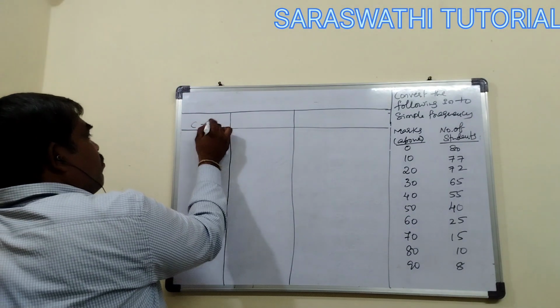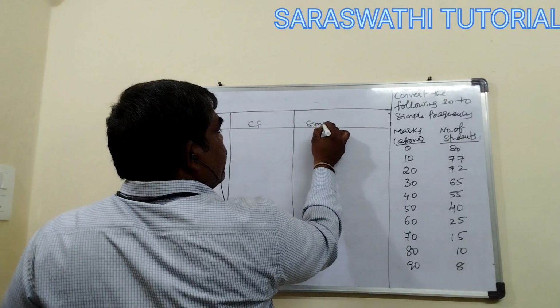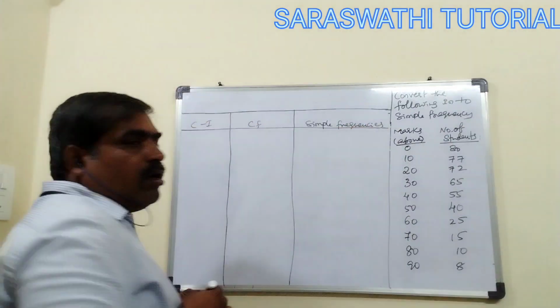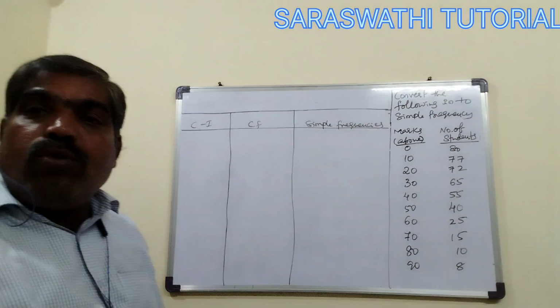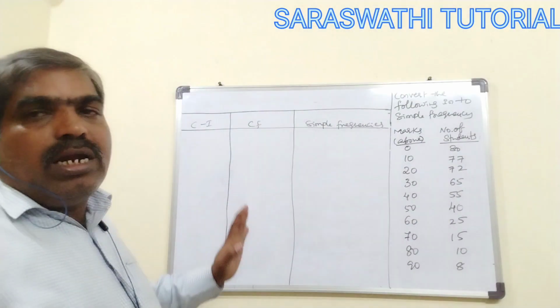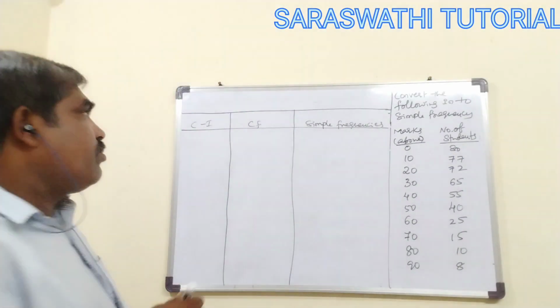Class interval, CF and simple frequencies. But the heading must be written, because in the examination you have to gain the marks. For gaining marks, you must prepare the table properly and the information should be clear.